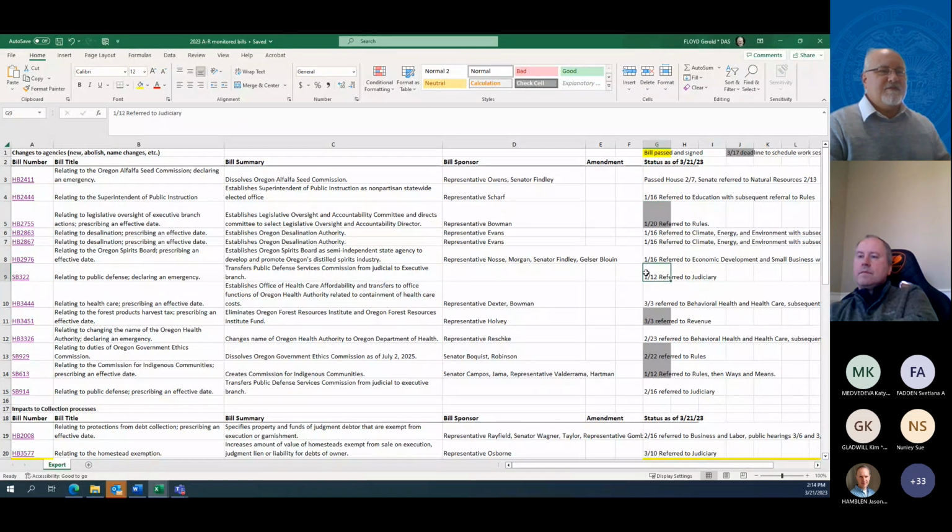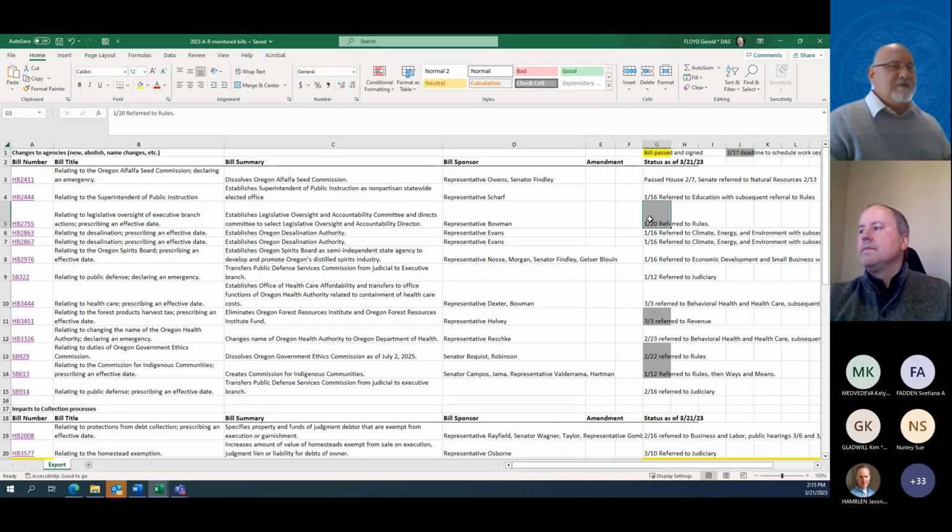And any of these others that you see where there's been no scheduled activity, chances are those are probably not going to move, with the caveat that in this sheet, the ones in the gray highlight are referred to committees that are not subject to the March 17th deadline. That applies to the rules, revenue, or any joint committee. So those could still move at a later point during the session, but nothing as of this point.